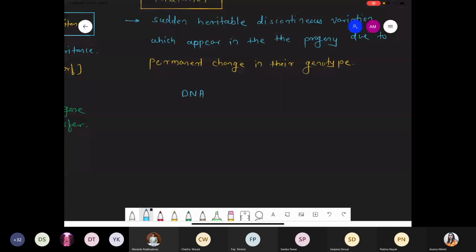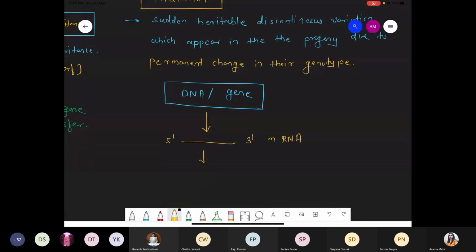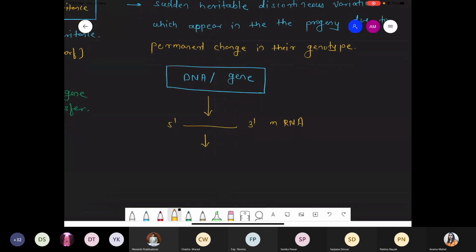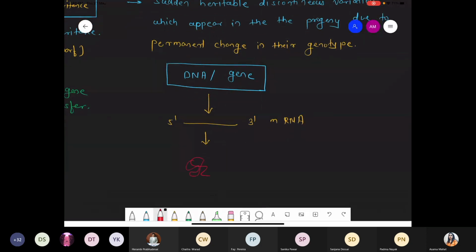So suppose you are taking any DNA or any gene. That DNA or that gene undergoes the process of messenger RNA formation. Suppose there is a 5' to 3' formation of the messenger RNA. On this messenger RNA, the ribosome comes and binds, and now there is production of a specific kind of protein or specific kind of enzyme.